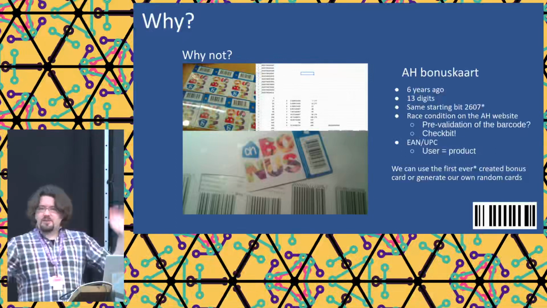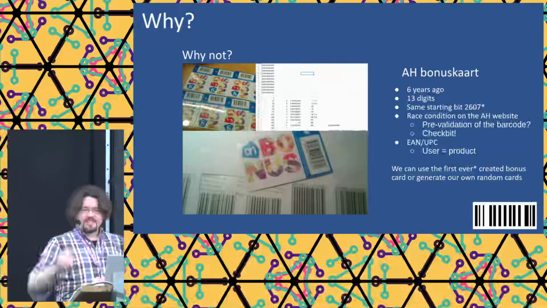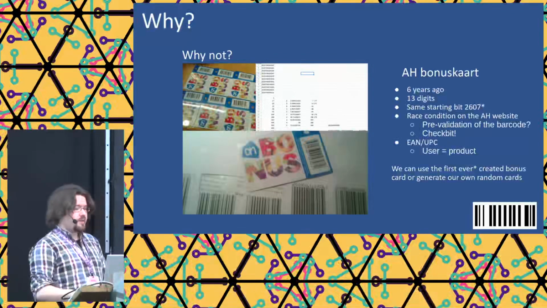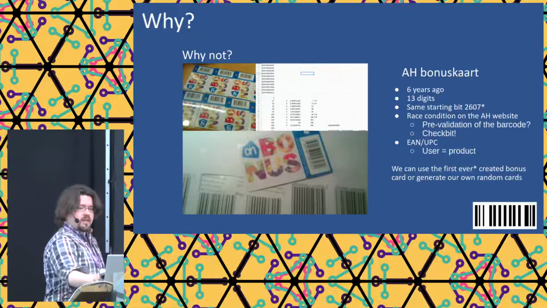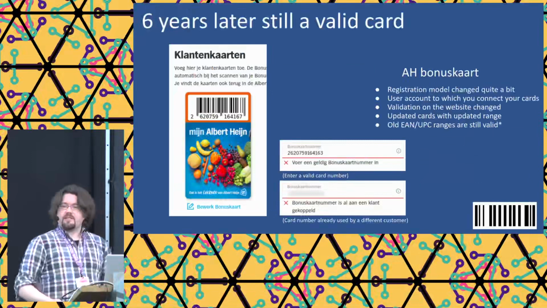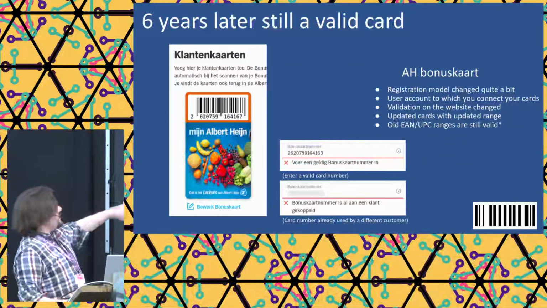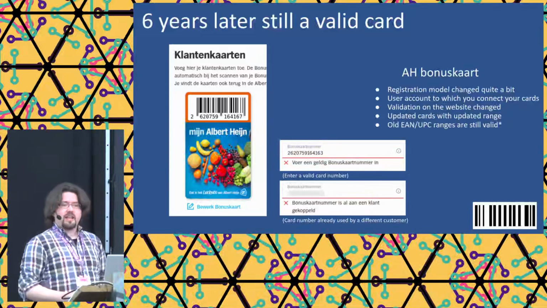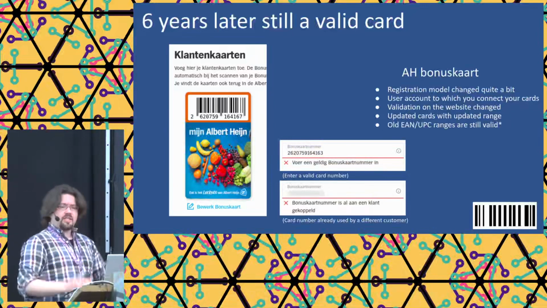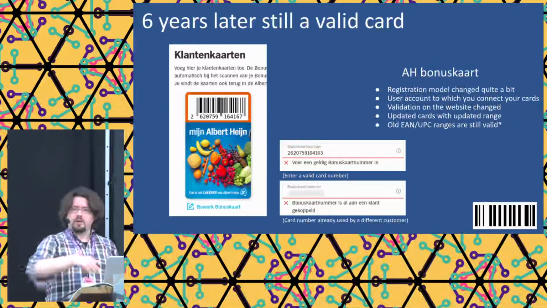Some engineer at that grocer probably had that as his testing card or something like that. But also random cards. And the funny thing is, even though I did that 6 years ago, they're still valid. I could register them yesterday on the website. This bonus card number is actually the number I got 6 years ago, because they still allow the ranges. They did change the validation model a bit, so you now have to register a proper account, and you connect the bonus card to your account.